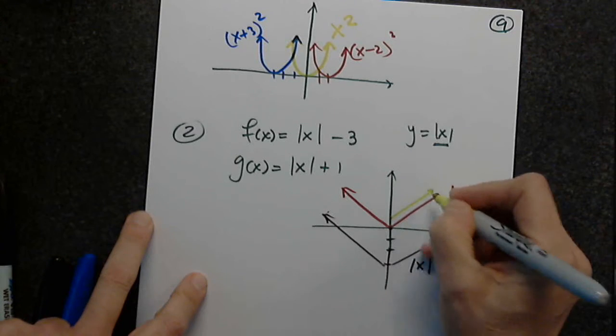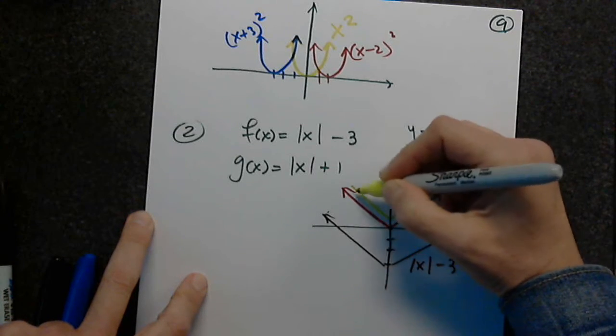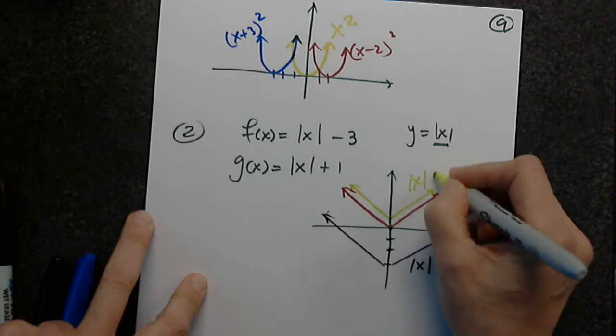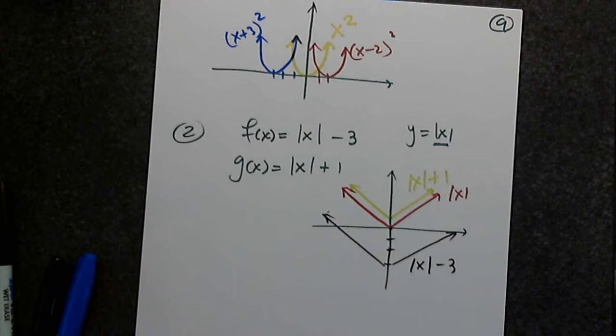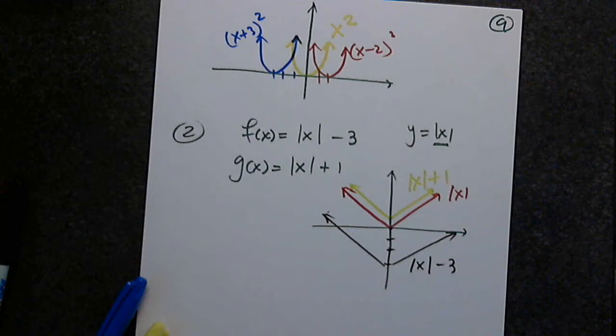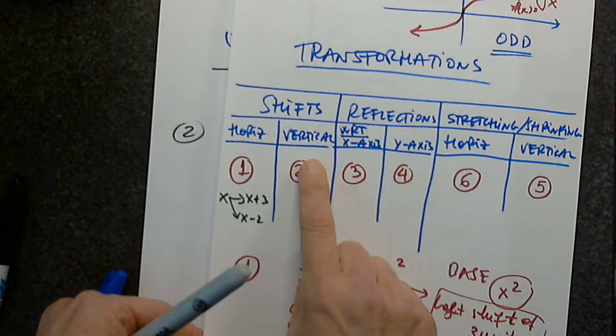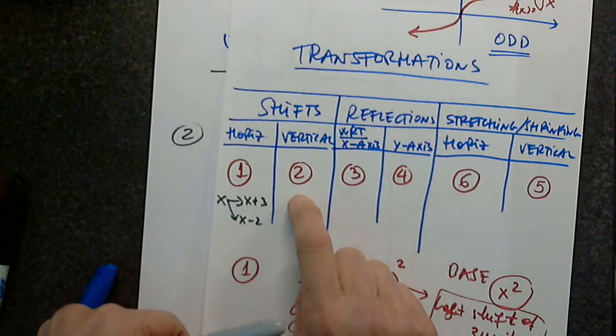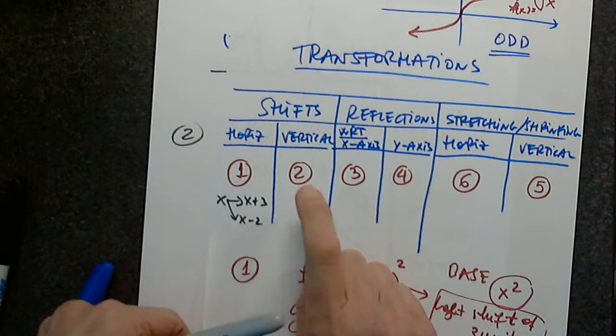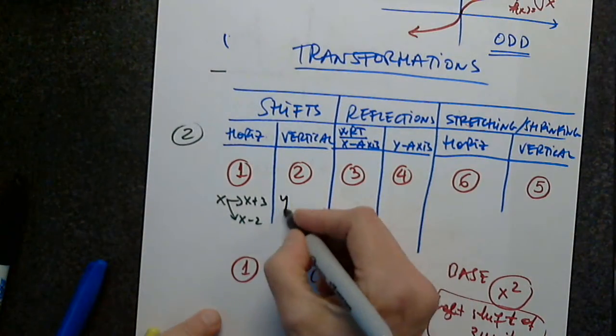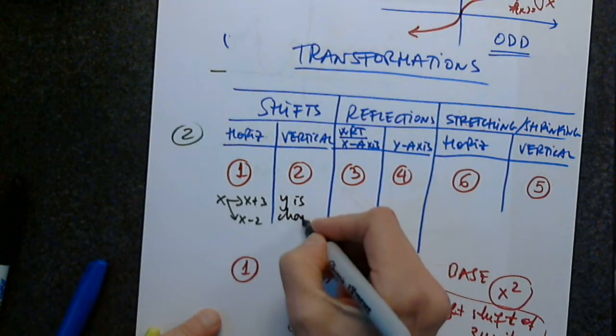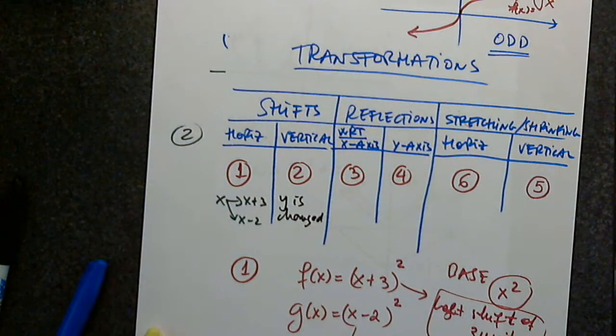Indeed, completely parallel, up 1. So this is the absolute value of x plus 1. Awesome. So this is my number 2, vertical transformation, right? Up or down, but I'm changing y. Y is changed, either up or down.